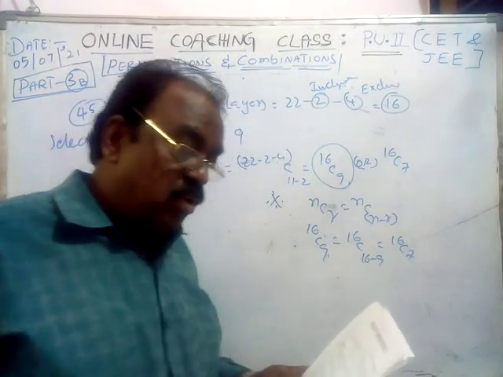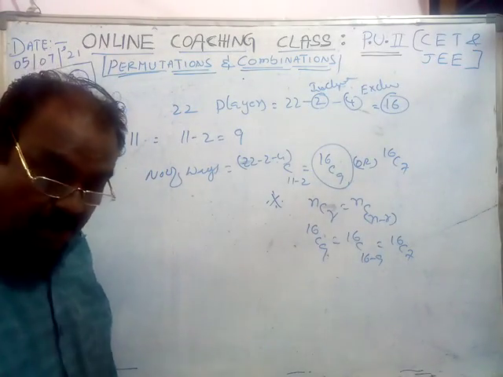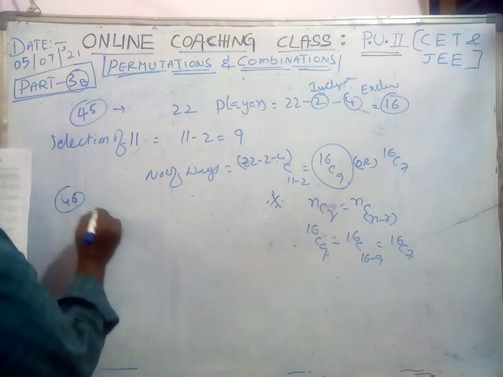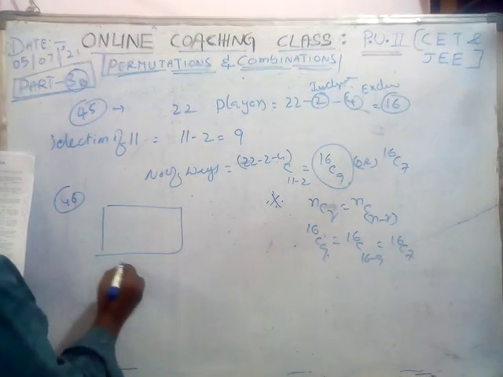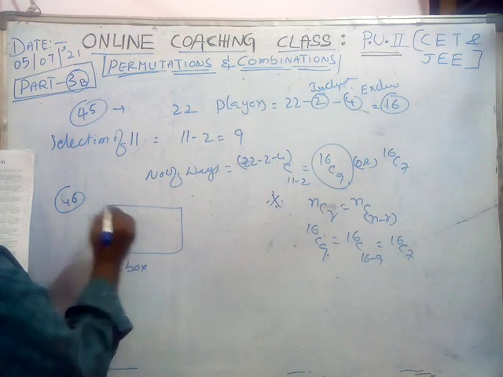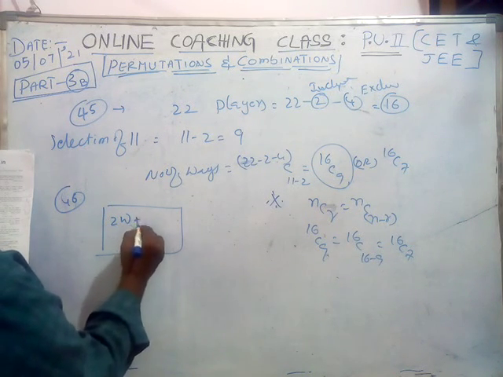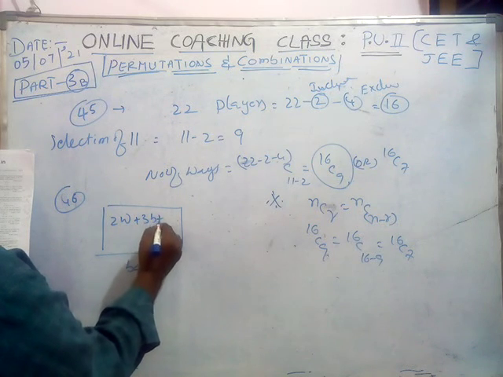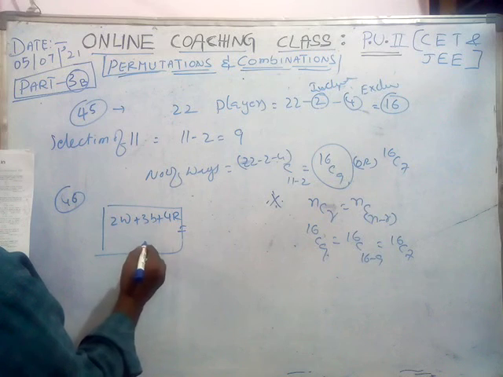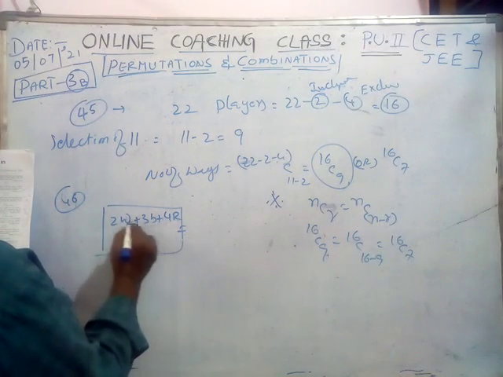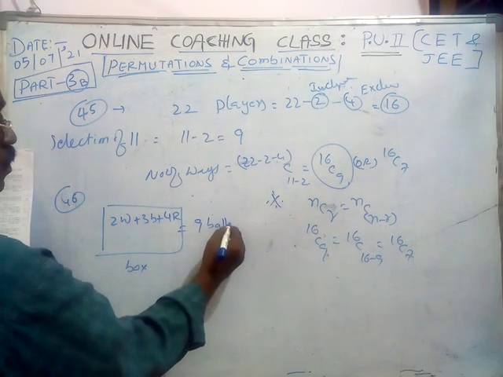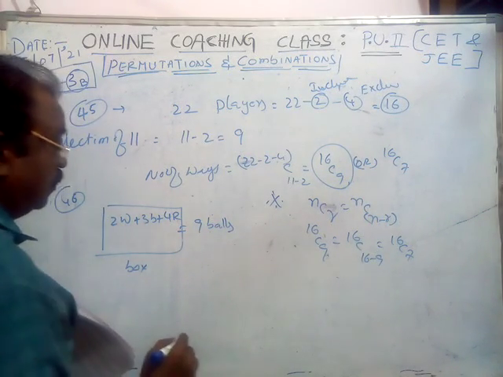Slowly we will solve the problem. Here, the 46th one. The box contains 2 white, 3 black, and 4 red balls. Altogether, how many balls are there? 9 balls. Total number of balls is 9.